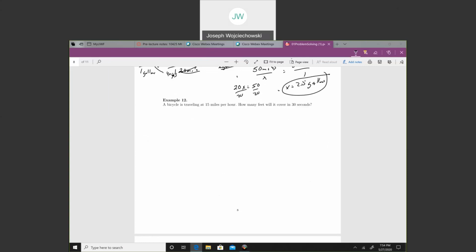A bicycle is traveling at 15 miles per hour. How many feet will it cover in 30 seconds? Okay, well, I've run into this problem before.